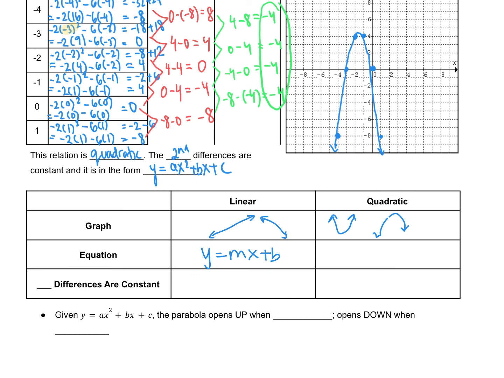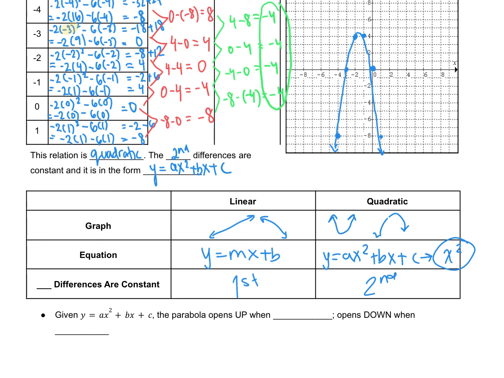And then I'll write the standard equation here, but I'm just going to make a note, the key part is the x squared. The other parts might be missing. You might be missing the constant, you might be missing the x, but it's okay. Which differences are constant? For the linear, it's the first differences. For the quadratic, it's the second.